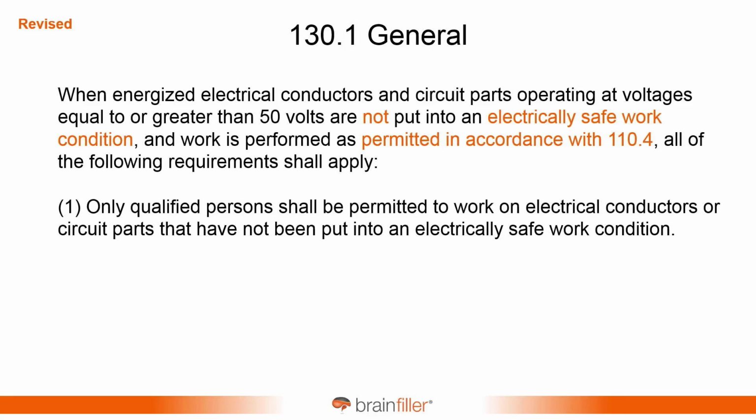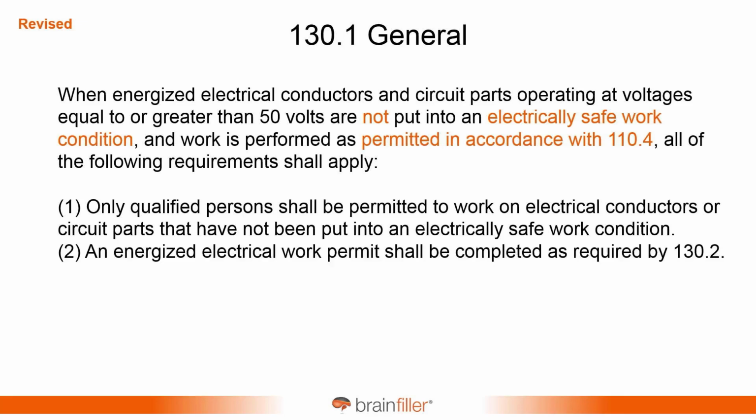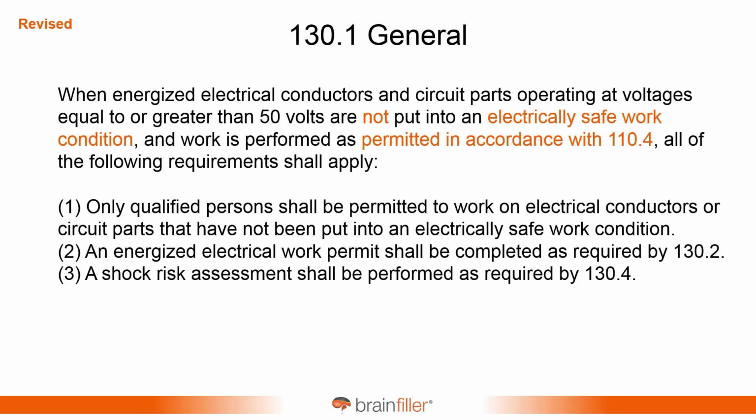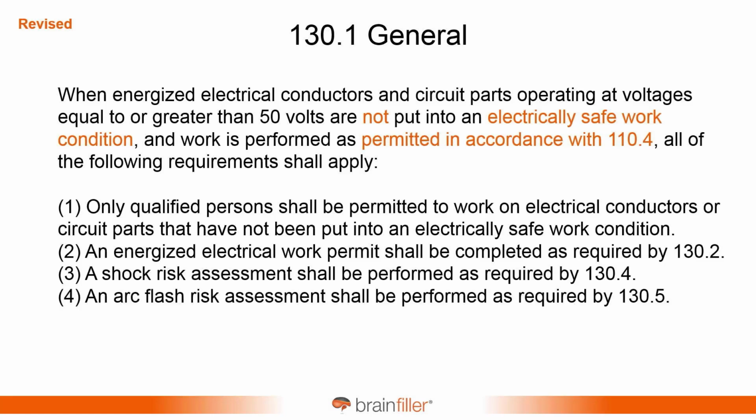Only qualified persons are permitted to work on the electrical conductors or circuit parts. An energized electrical work permit is required. There are a few exceptions, but an energized electrical work permit is required. A shock risk assessment will be performed. An arc flash risk assessment will be performed.